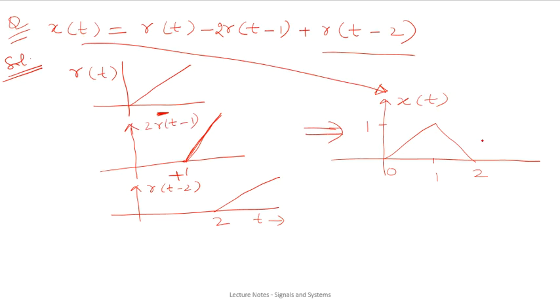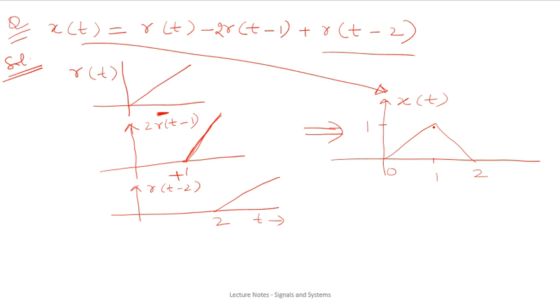You might see from here that since the starting signal is r(t), that will obviously continue up to point 1, because none of the below signals are present up till this point 1. Whatever be the value of this upper signal, that will come up to this point 1.